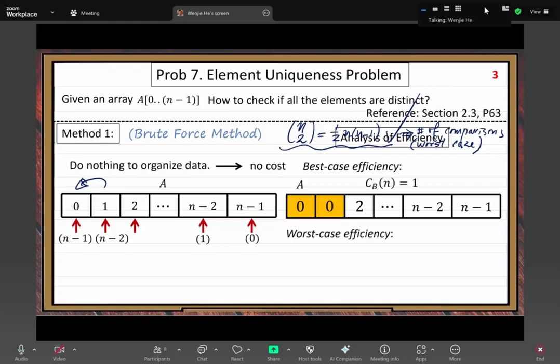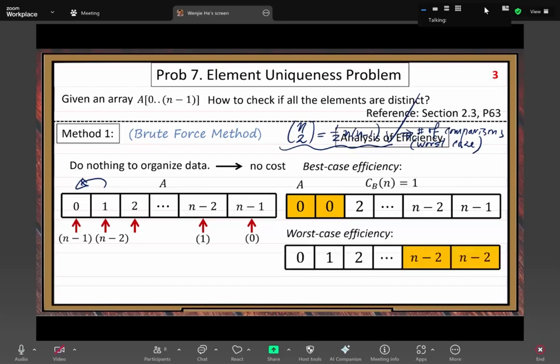Worst case, you're not very lucky. One of the worst cases, the last two elements happen to be the same. You need to check all the possible pairs. But there is another one, the distinct case. In the distinct case, you need to check all the possible pairs.